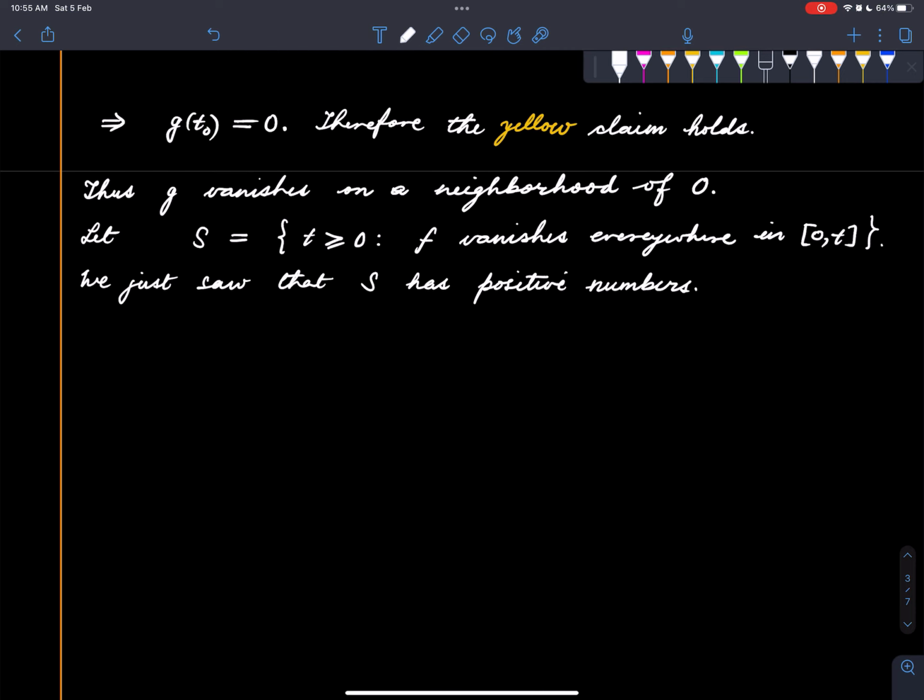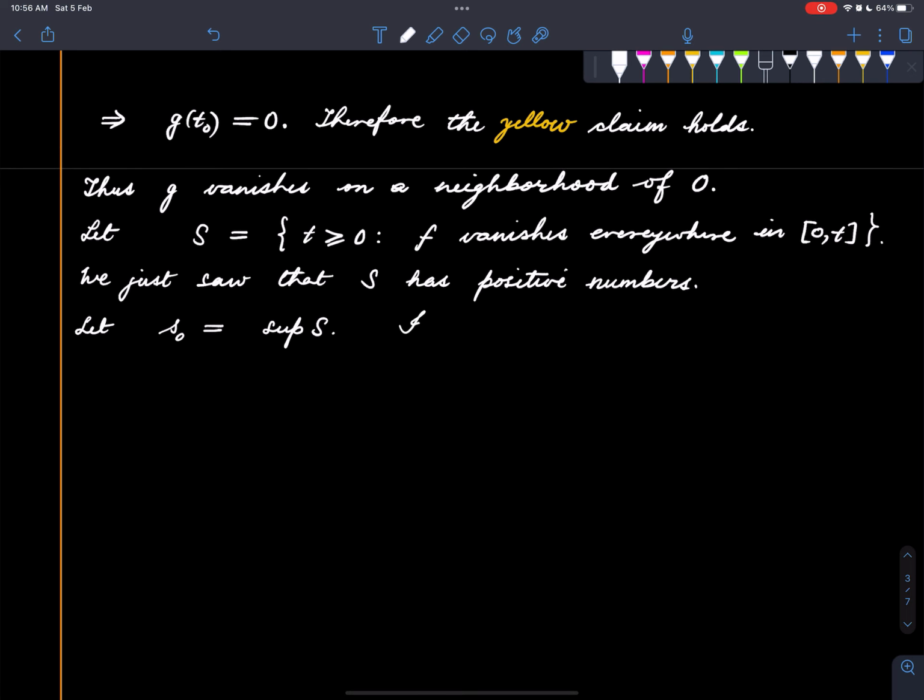Alright, so let s₀ equal the supremum of S, and if s₀ is infinite, then f vanishes everywhere on the non-negative real line.